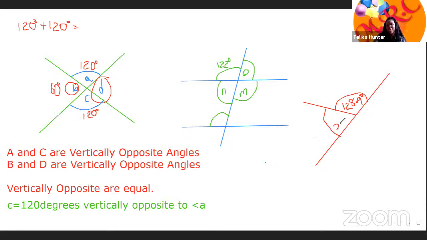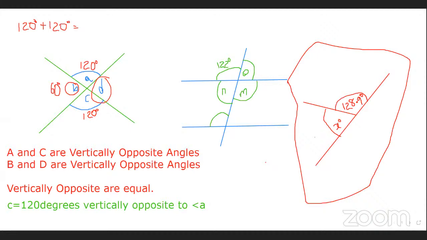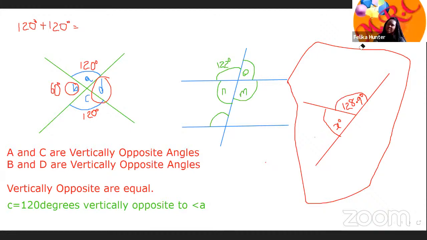All right, so I want you to come over here and look at this one that I have in red, highlighting it here now. What do you notice about this? What's the value of X?